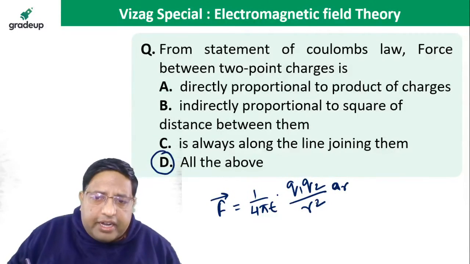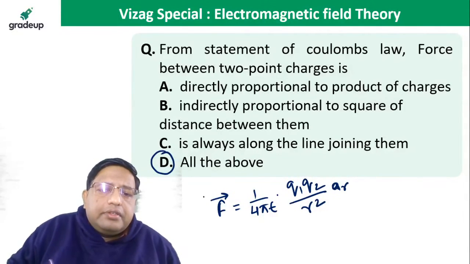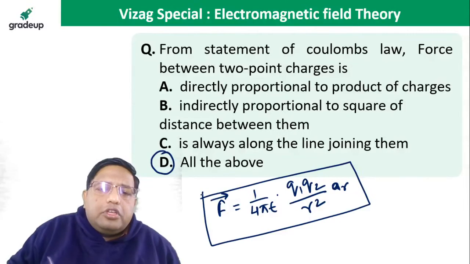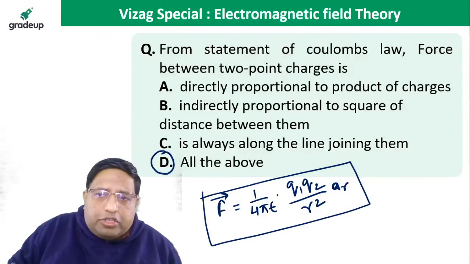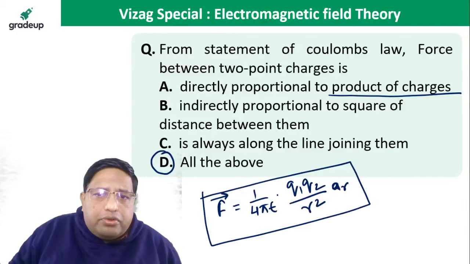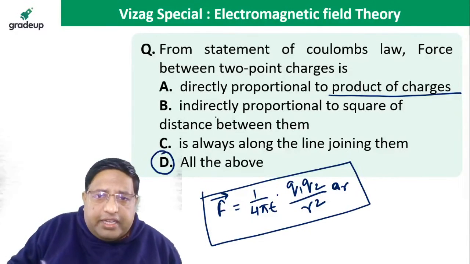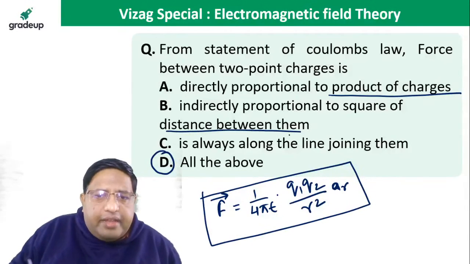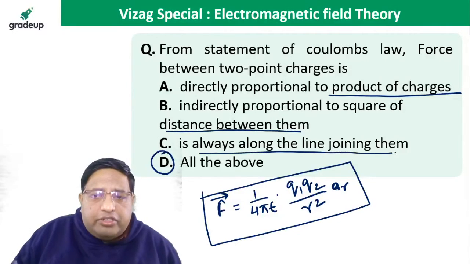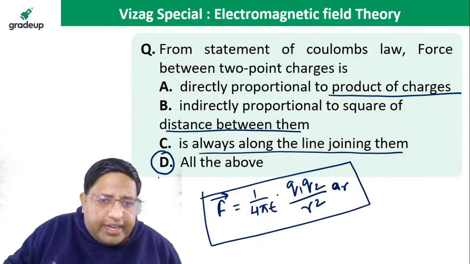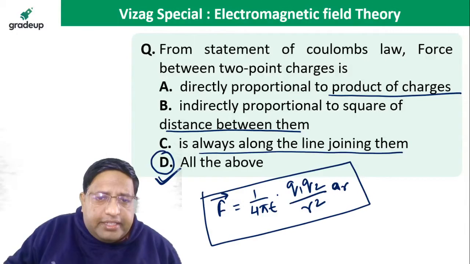AR is the unit vector along the R direction. So it is directly proportional to the product of charges Q1 Q2. It is inversely proportional to the square of the distance between them, and is always along the line joining them. So D is the correct answer.